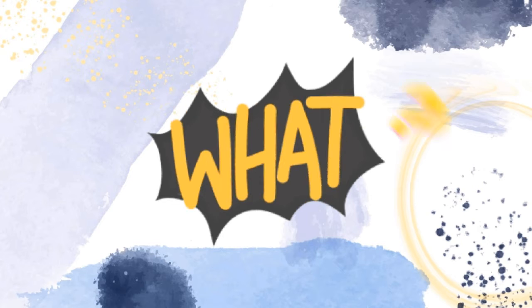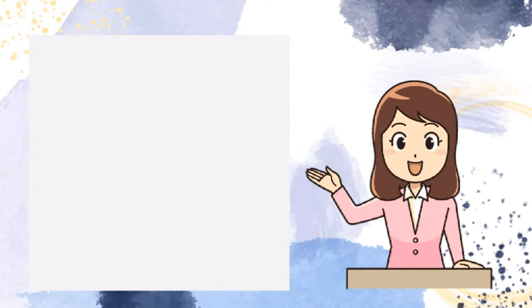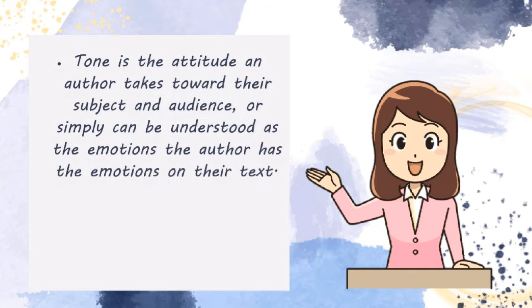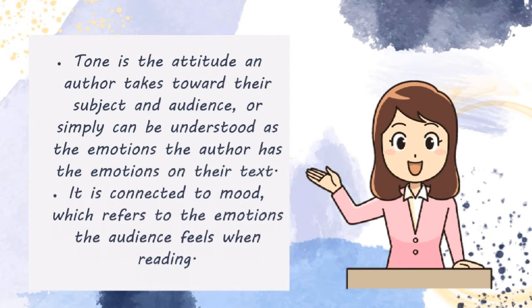What does tone mean, Mrs. Louis? Hi Kiki. So tone is the attitude an author takes toward their subject and audience, or simply can be understood as the emotions the author has on their text. It is connected to mood, which refers to the emotions the audience feels when reading.